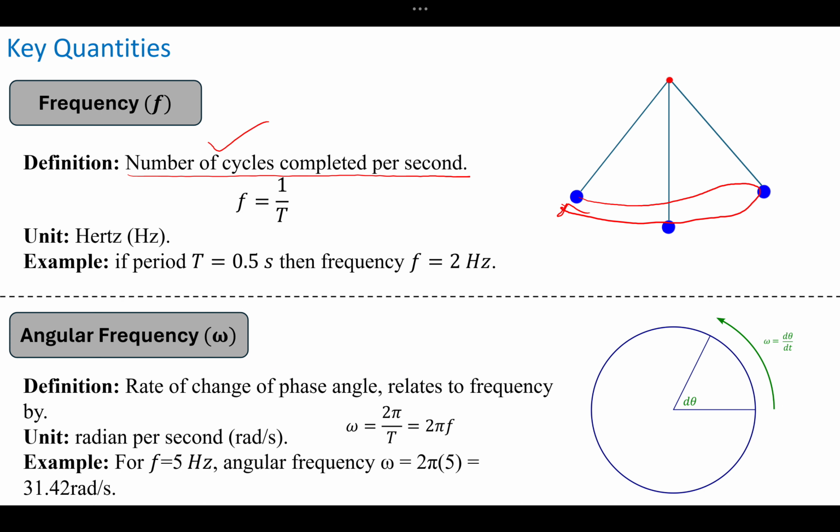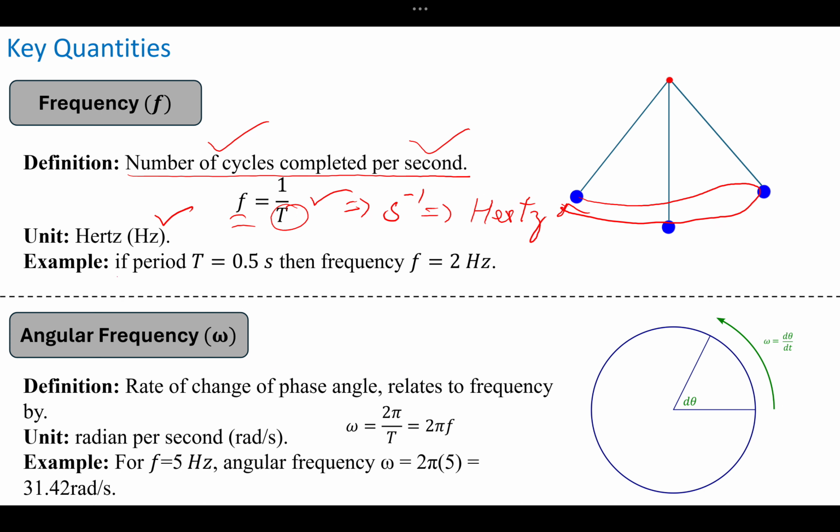So it is the number of cycles in 1 second. And if you know the time period, you can actually get the frequency as well. Okay, and its unit is second power minus 1, but it is also known as hertz. Okay, and you can just use this unit instead of second power minus 1.